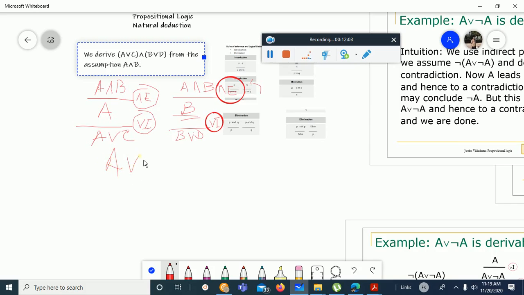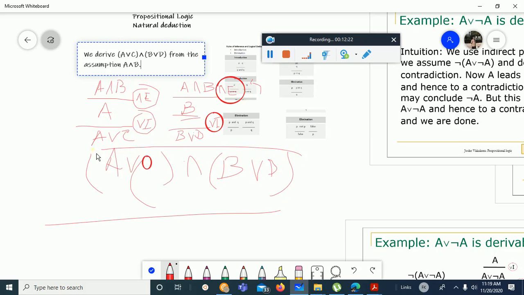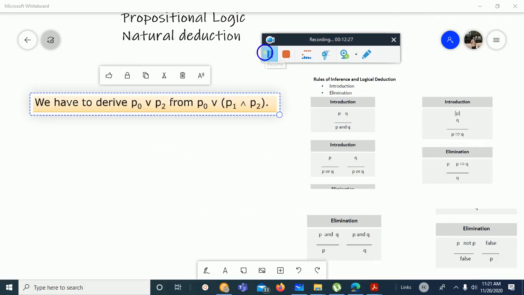So A or C and B or D. So we have got this derivation from assumption A and B. Now again stop the recording and derive P0 and P2 from this statement.